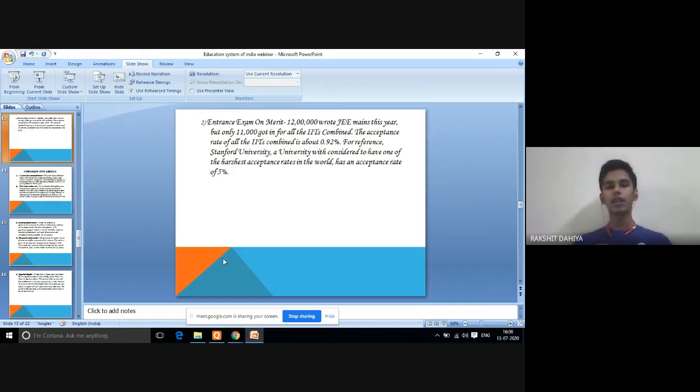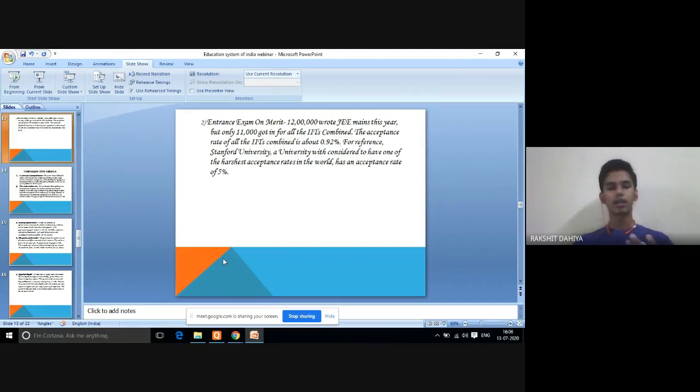And if we take a reference to Stanford University, a university considered to have one of the harshest acceptance rates in the world, its acceptance rate is 5%, which is a very good rate, and I appreciate this rate. So IIT is the best university we all know in India.